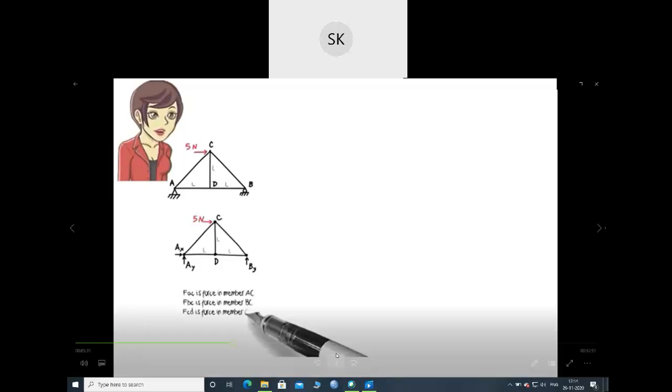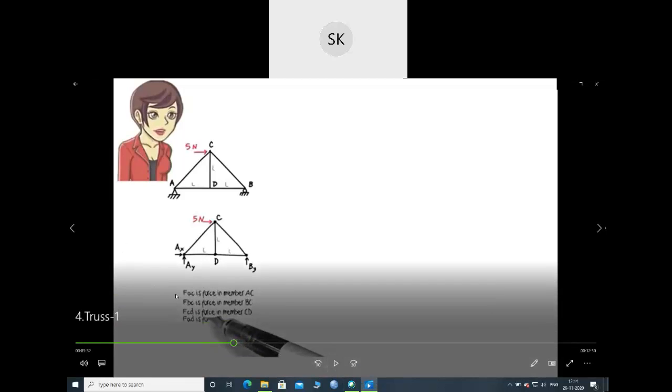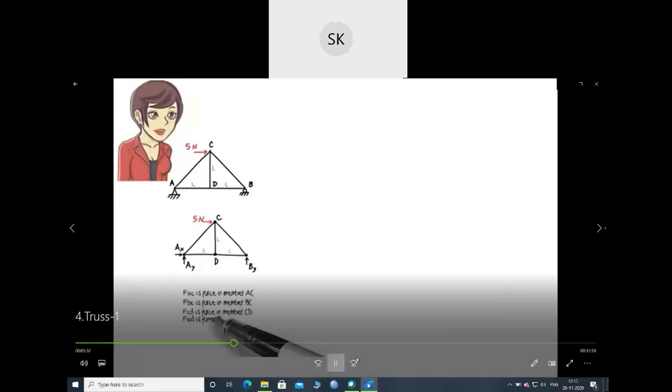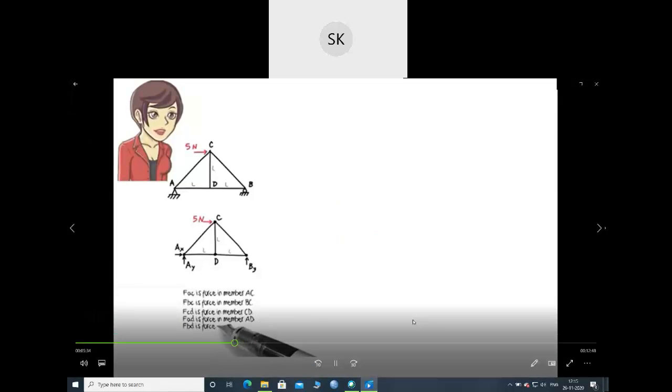We denote the forces in the remaining members in a similar manner. You can give this kind of notation: F with suffix AC, FAC, that is the force in member AC. FCD means the force in member CD. Okay, you can give notation like this.